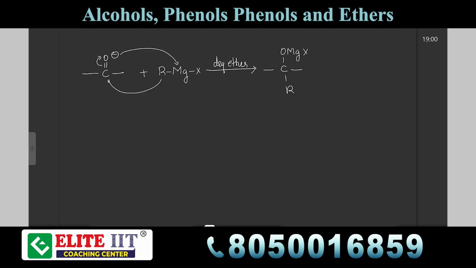This you have to subject to hydrolysis. Whenever you treat with Grignard reagent, it has to be followed with hydrolysis, that is water in presence of an acid. MgX will take up the OH group, so that we get MgX and here it is OH.